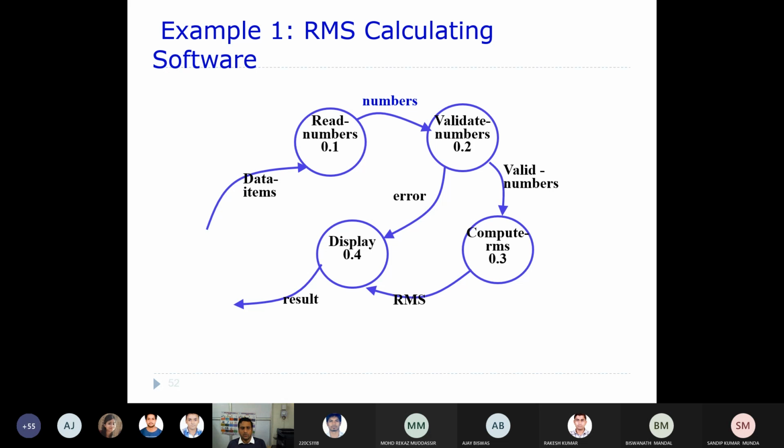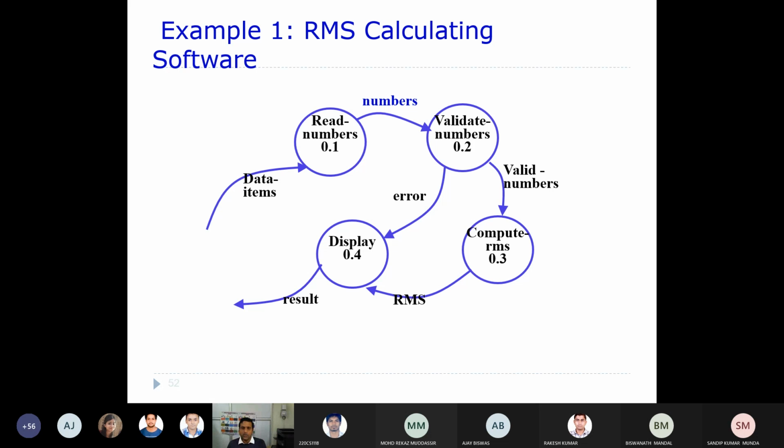Those three data items will be given as an input to the read numbers function, point one. Read numbers takes the data from the user, the external entity, and gives it as an input to the validate number function. That will be represented through 0.2. The first one is 0.1, the second one is 0.2.